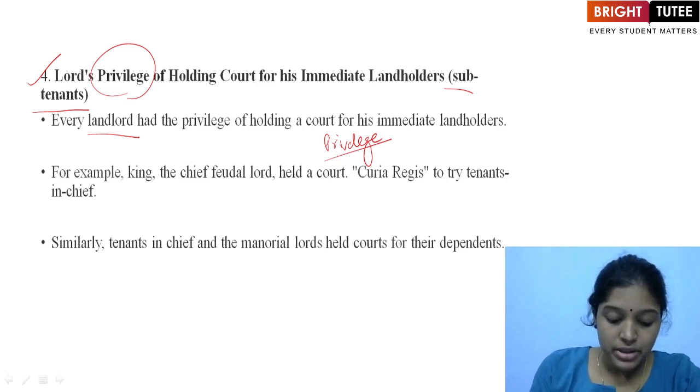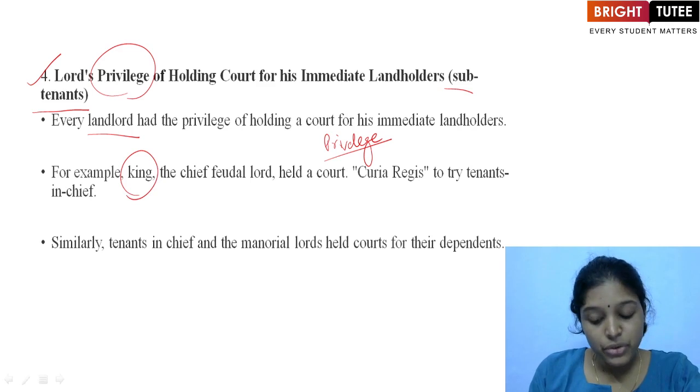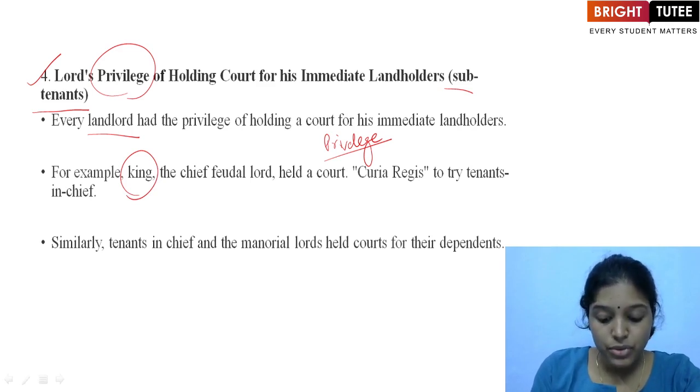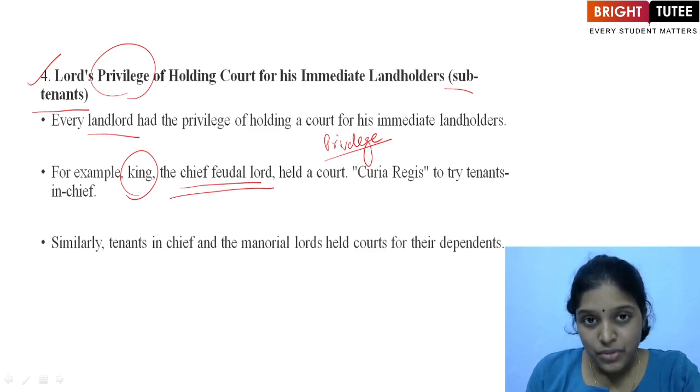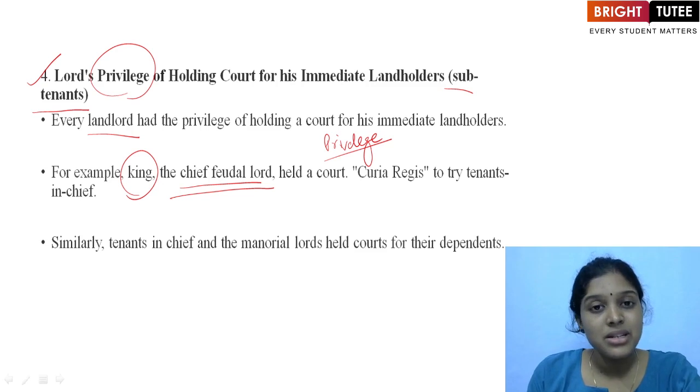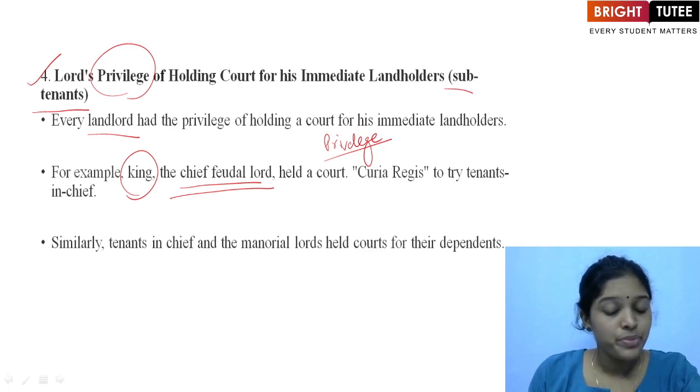For example, the king, the chief feudal lord, held a court, curia regis, to try tenants in chief. So the king also had the privilege to decide whom the tenants in chief will be. It is not necessary that it's just one tenant in chief, but the king had all the land. So he used to have a lot of tenants in chief whom he personally chose to give his land to.